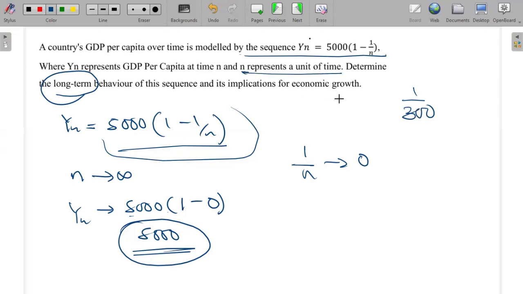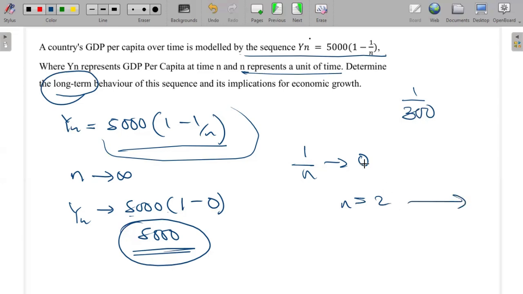Let's say the unit of time is months. Maybe we're not starting from month 1, we're starting from 2. Maybe n takes up values starting from 2 going this way.